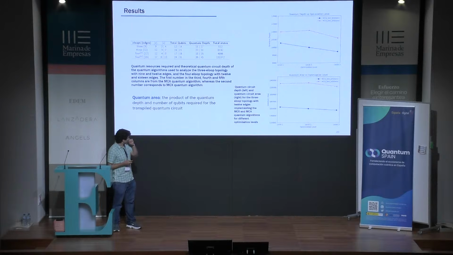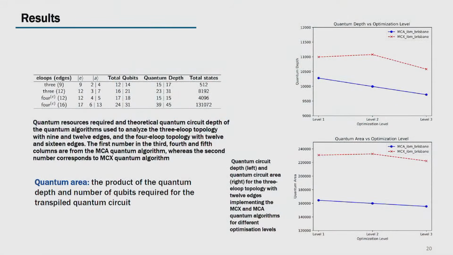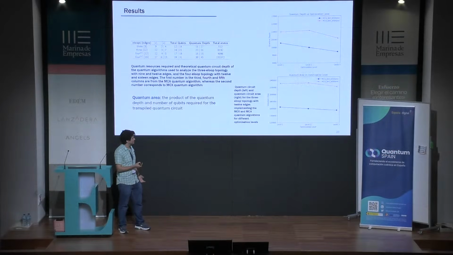But we also apply a new idea: once you do the translation of the quantum area to represent how efficient the circuit is in principle, we have the difference in the quantum depth needed for doing the circuit, and we have a pretty outstanding difference between the prior work and this work, and the quantum area too.